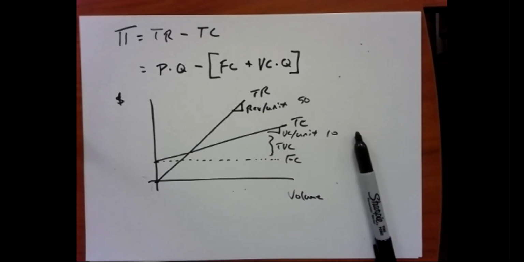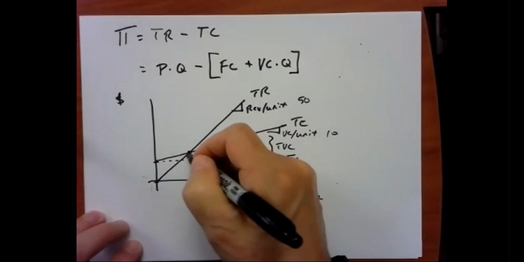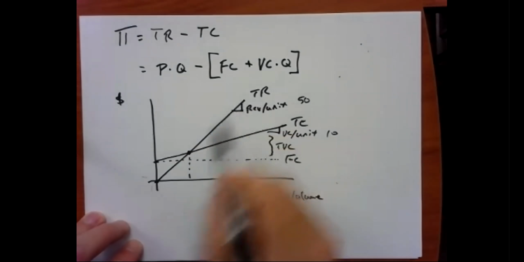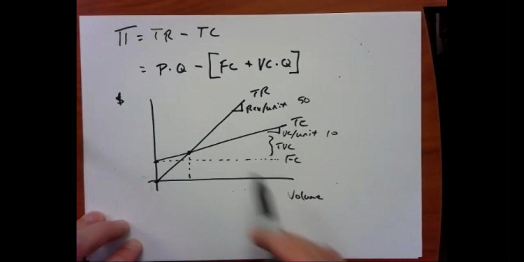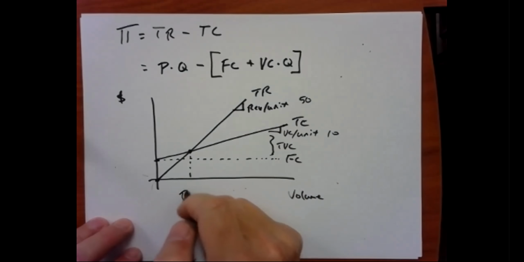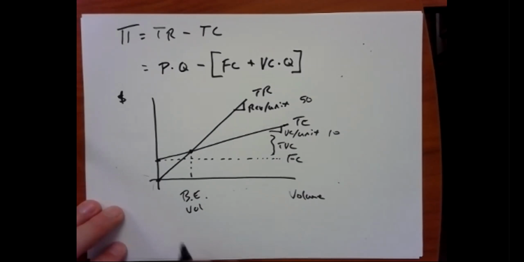Okay. So the point at which the total revenue line crosses the total cost line is the point where total revenue is equal to total cost. This is the break-even volume, BE.